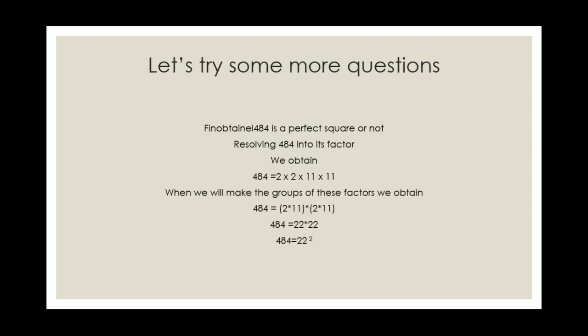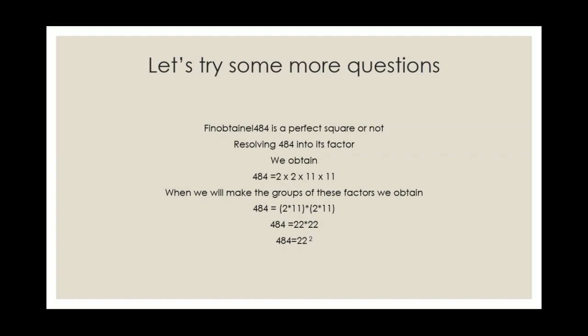Let's try some more questions to find whether a given number is a square or not. We have to find whether 484 is a perfect square or not. First of all we will resolve 484 into its factors. The prime factors of 484 are 2 multiplied by 2 multiplied by 11 multiplied by 11.